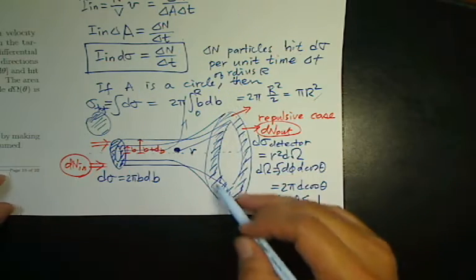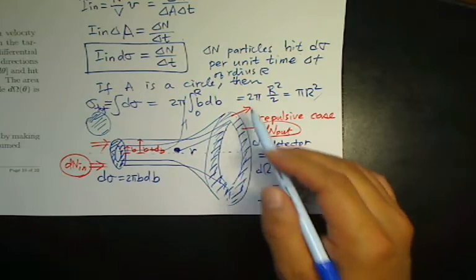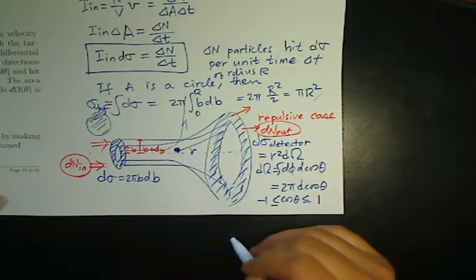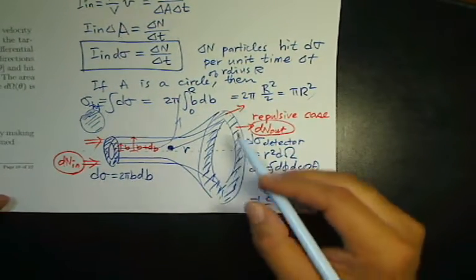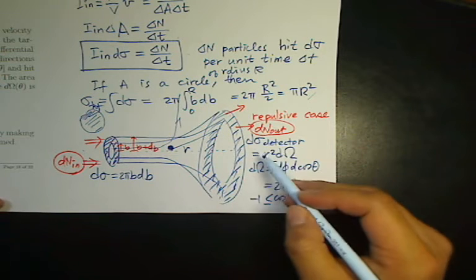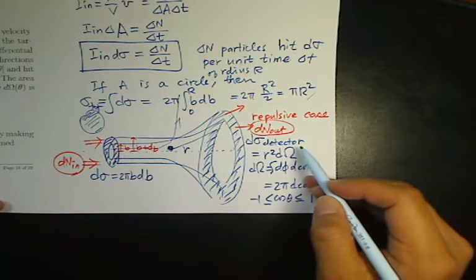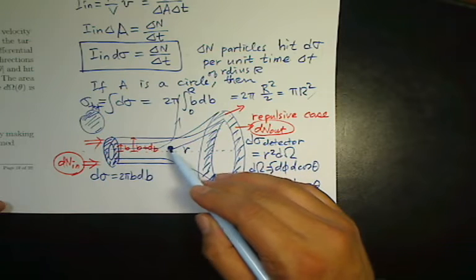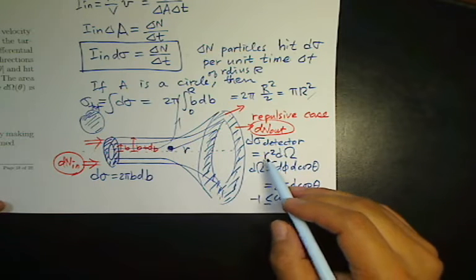But you will find that the intensity of the particles in this large area should decrease by 1/r squared, because this cross-sectional area of the detector sigma is proportional to the radius squared from the scattering center.